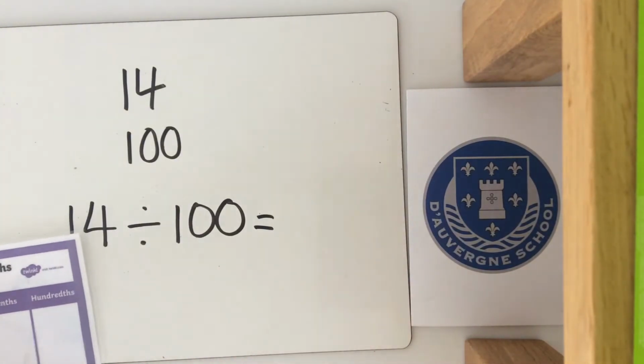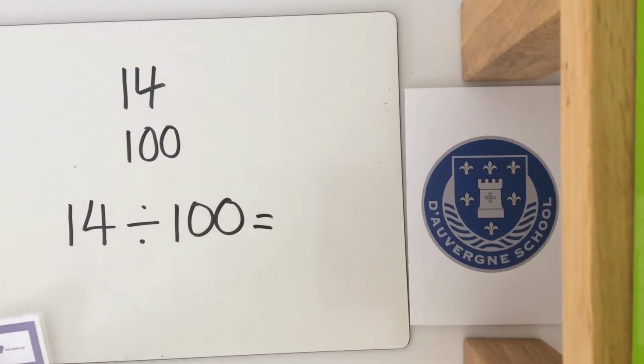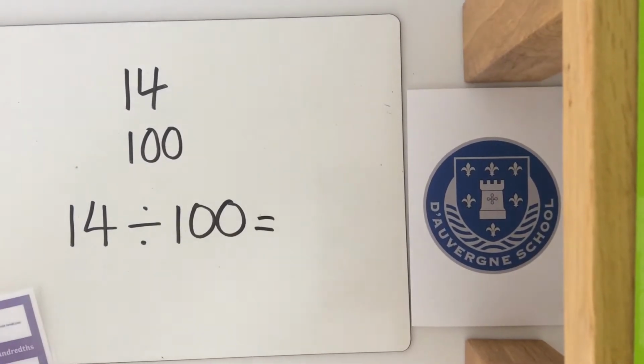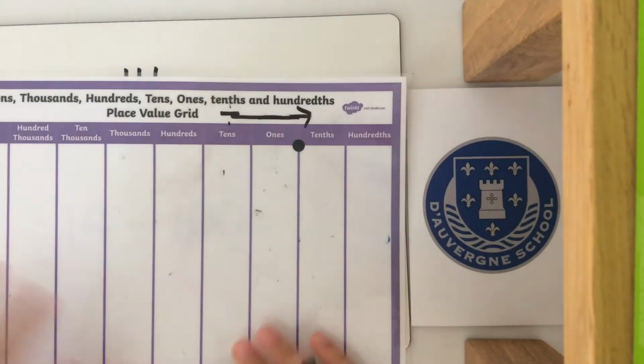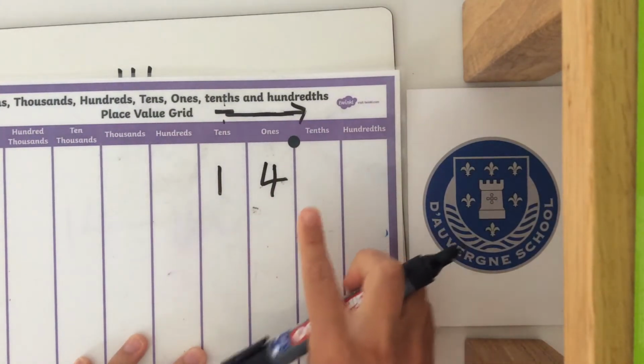But we're not dividing by 10, we want to divide by 100. So it is the same method, but what do we think may be different? This time, when dividing by 100, we need to move our digits back 2 spaces instead of 1. So when we divide by 10, we move 1 space.